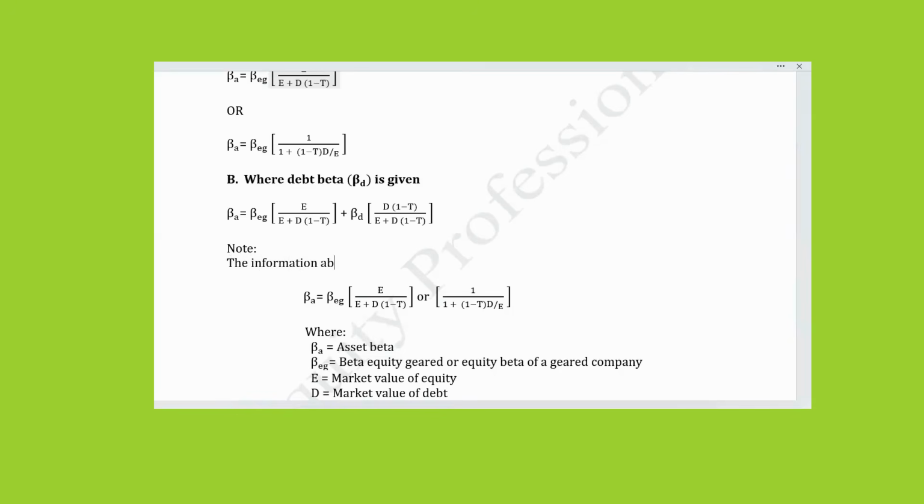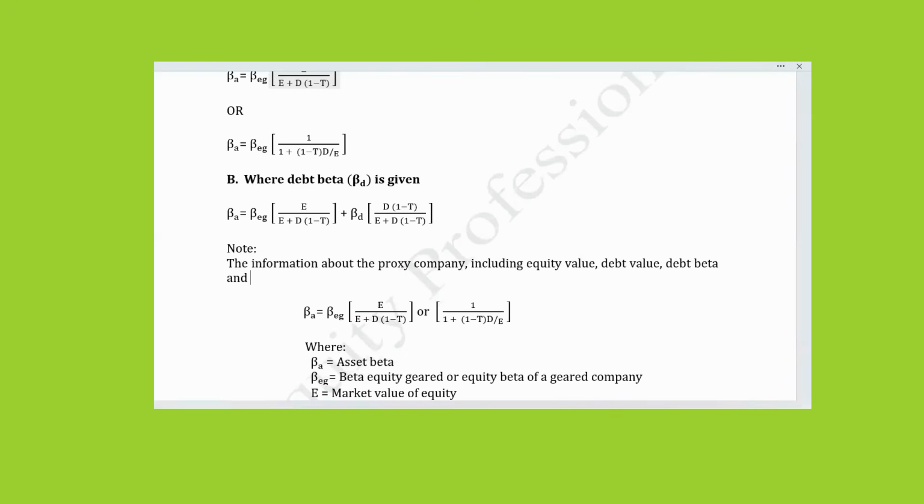So note the information about the proxy company, including equity value, debt value, debt beta, and tax rates.